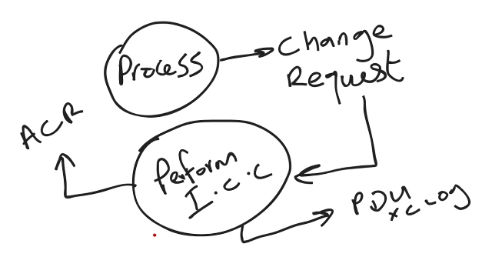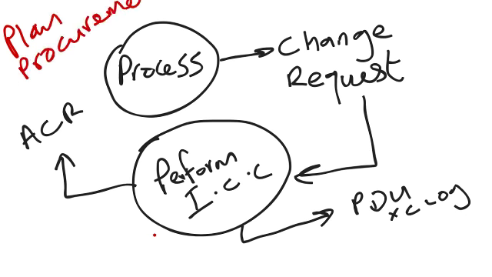It should not be strange to you to see a change request coming from a process. Like I said, some planning processes even generate change requests. One notable one of those, which I'll just write to the side here, is your plan procurement management.